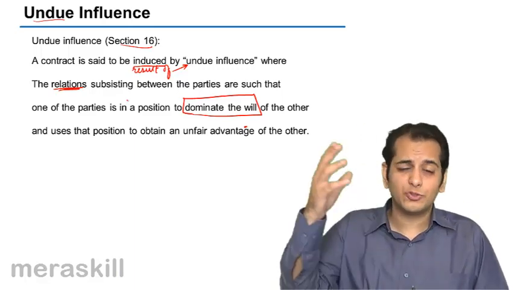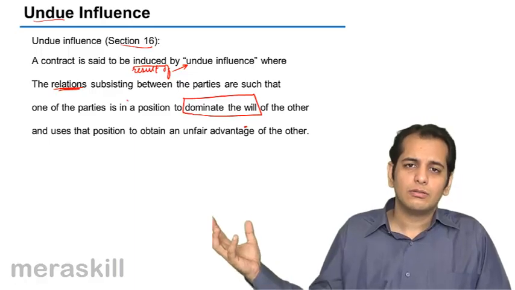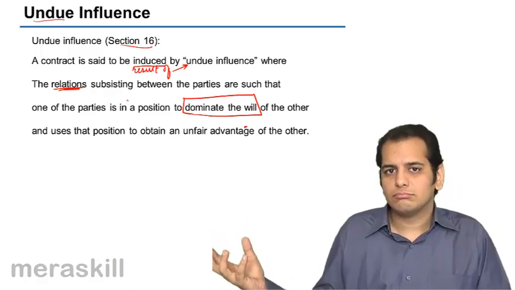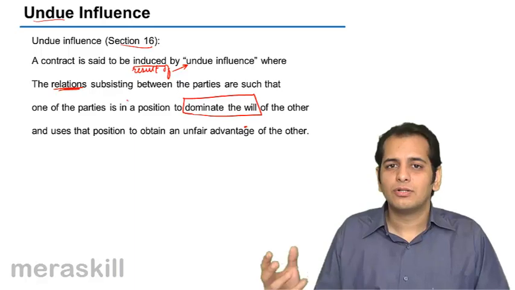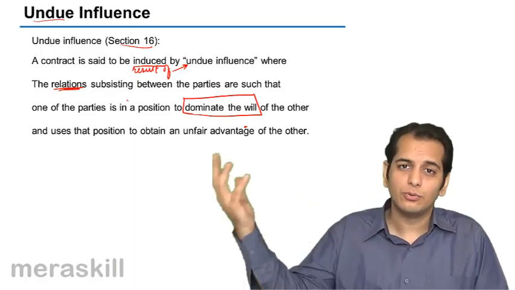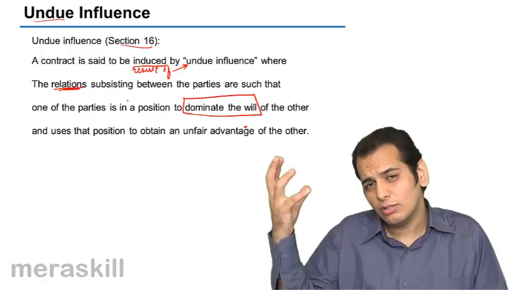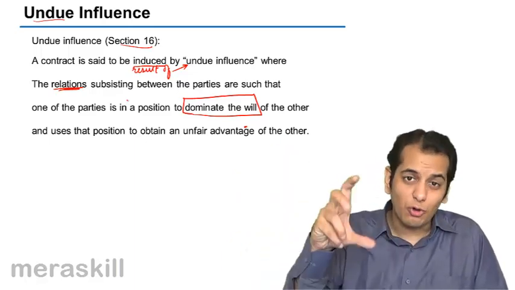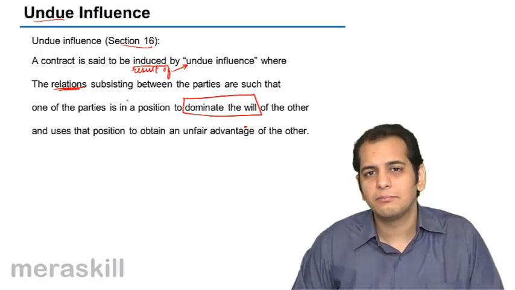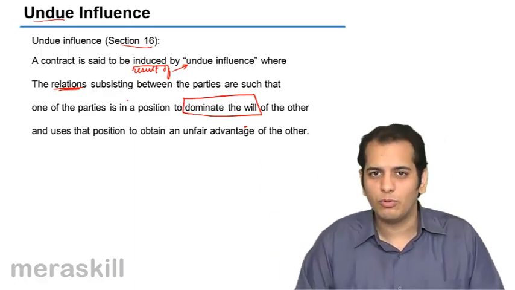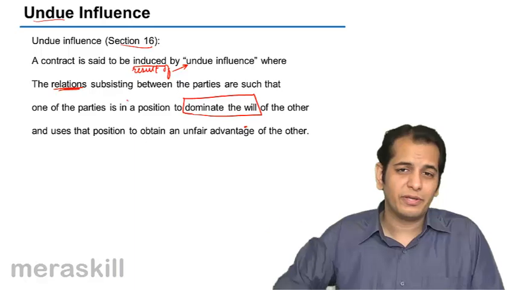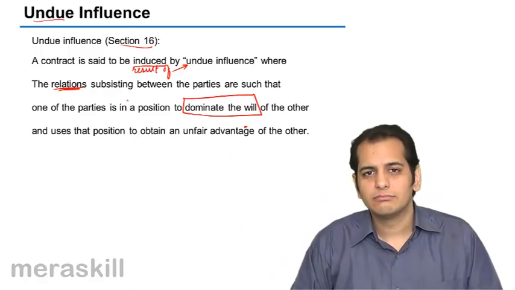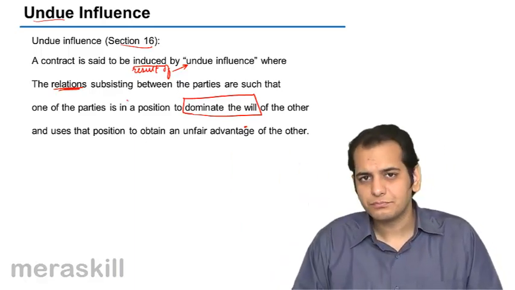At the same time, a spiritual guru, whose disciples do not go against what their gurus say, mostly is in a position to dominate the will of his disciples to get more donations or to get a building constructed, anything of that sort.